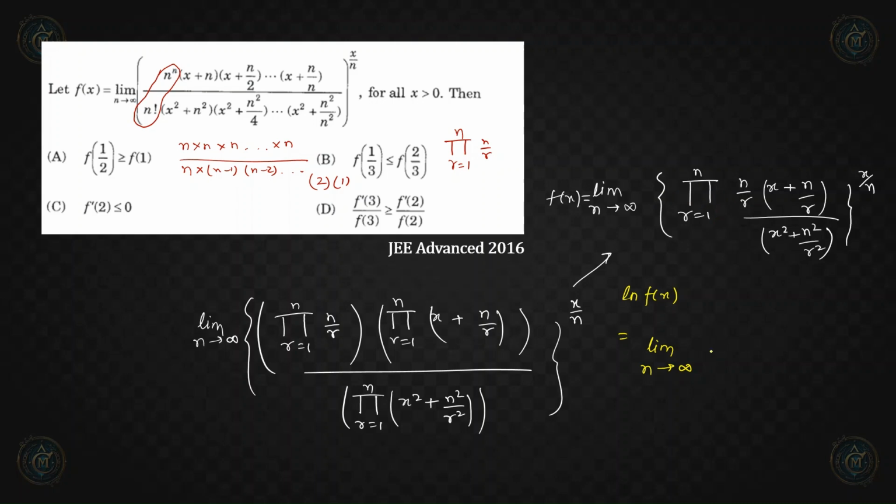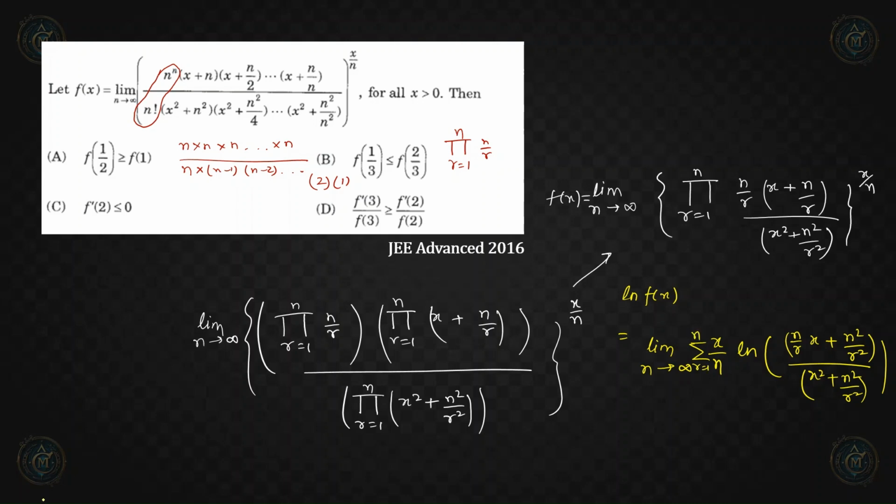So x divided by n will be outside, then log of n by r times x plus n square by r square, divided by x square plus n square by r square, with summation running from r equal to 1 to n.